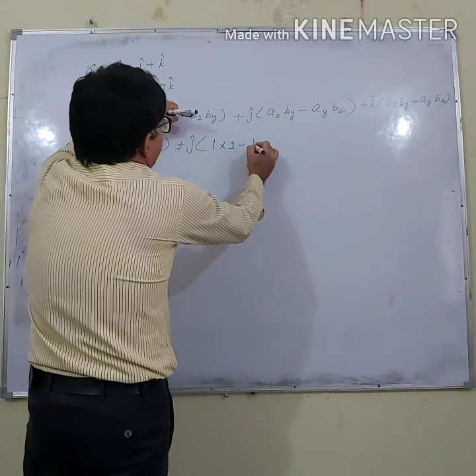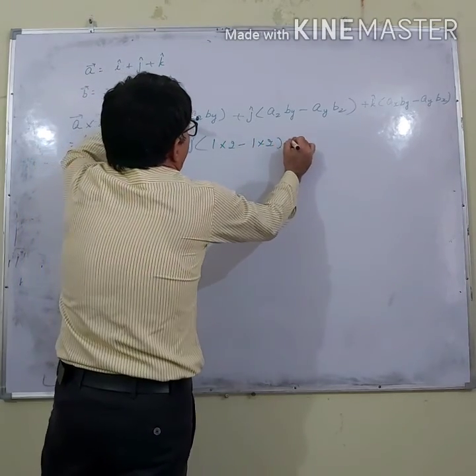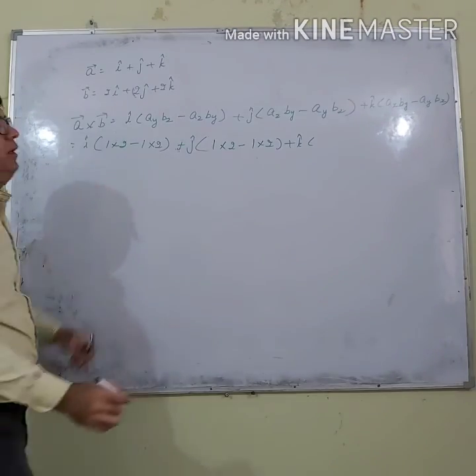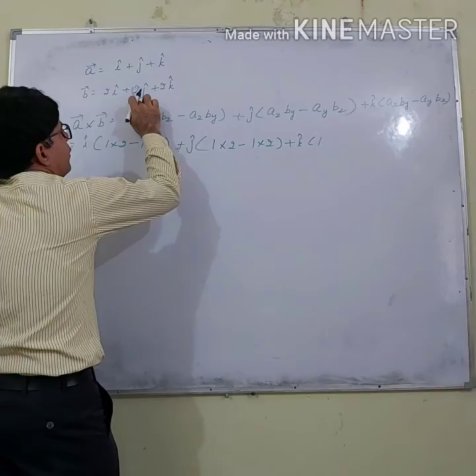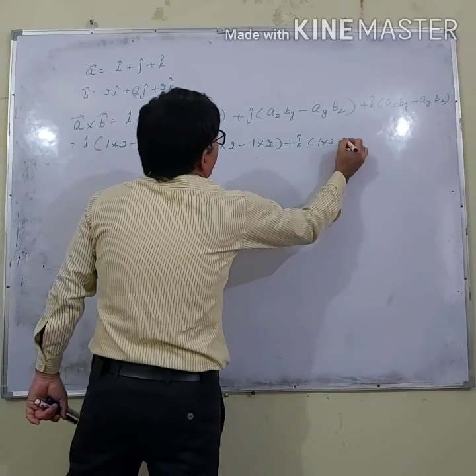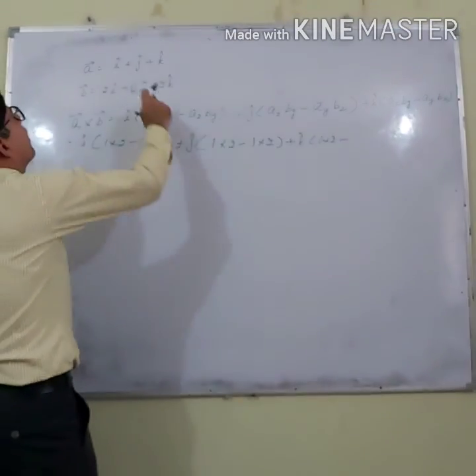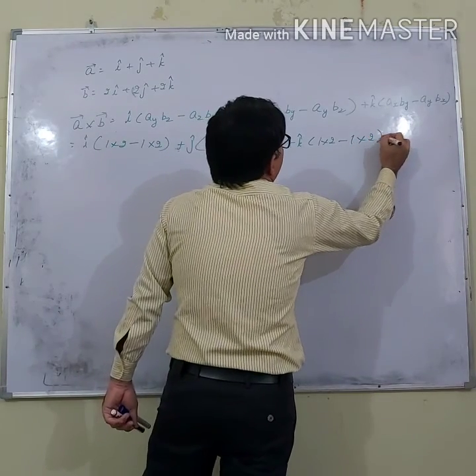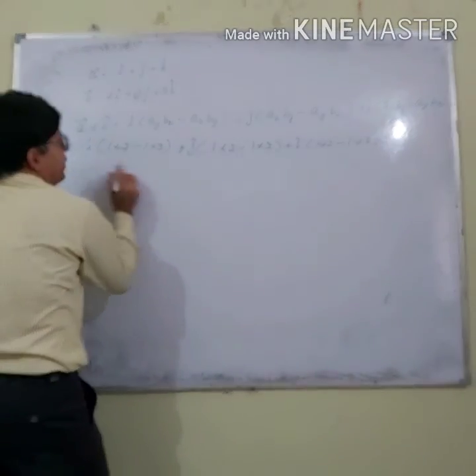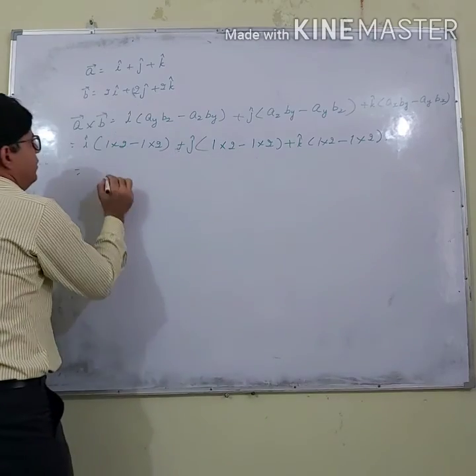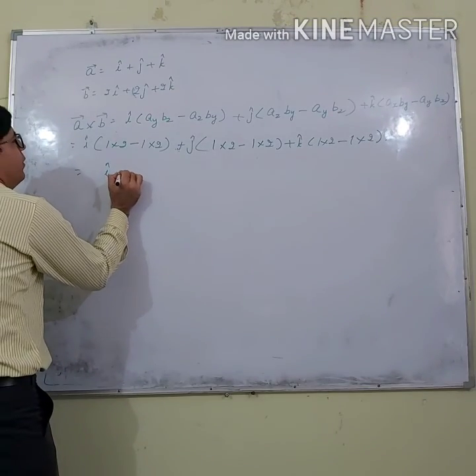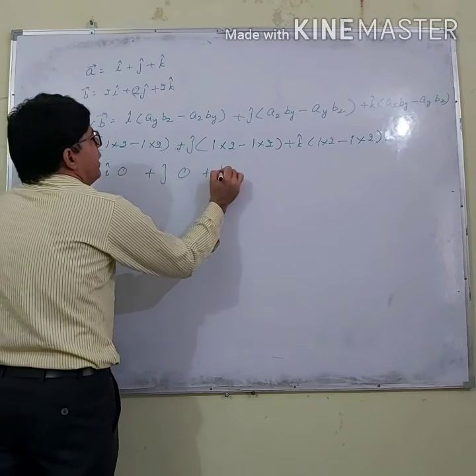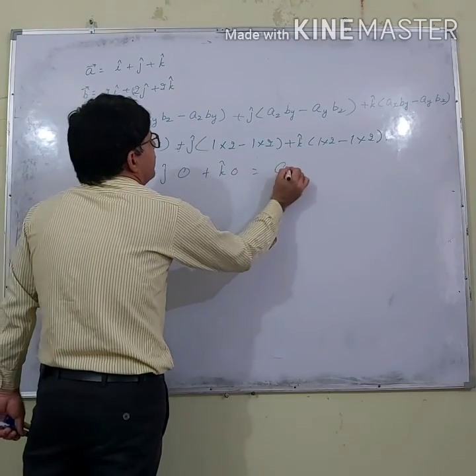And what is B_z? 2. Plus k cap. Now what is A_x? 1. And what is B_y? 2, minus A_y, 1. And what is B_x? 2. So what is the answer? Answer is i cap 0, j cap 0, k cap 0. So the answer is the 0 vector.